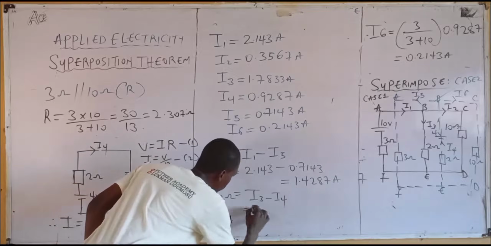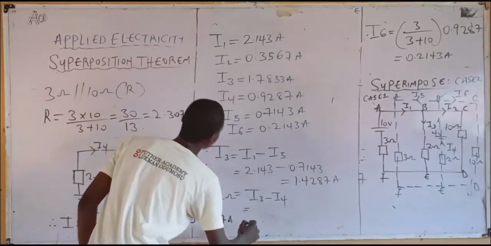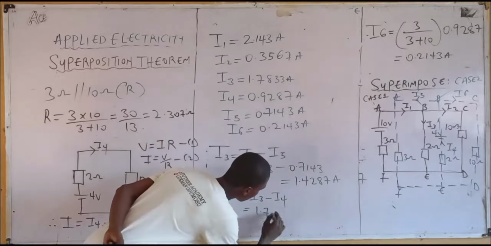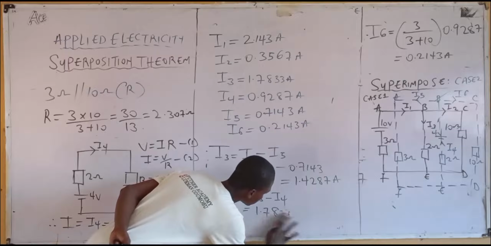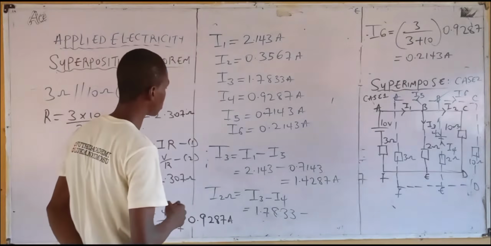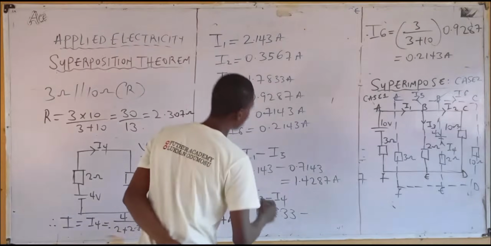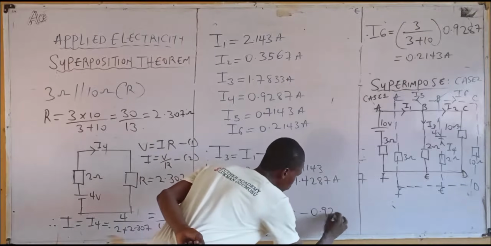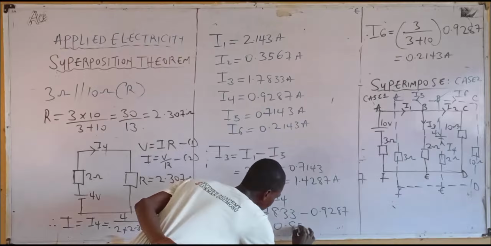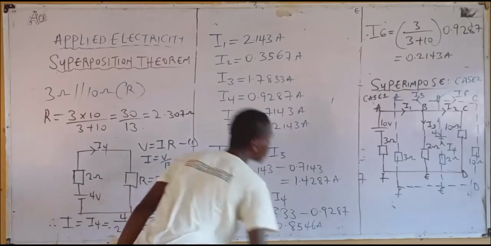Your I3 here is 1.7833 minus 0.9287. What do you have, please? 0.8546 ampere.